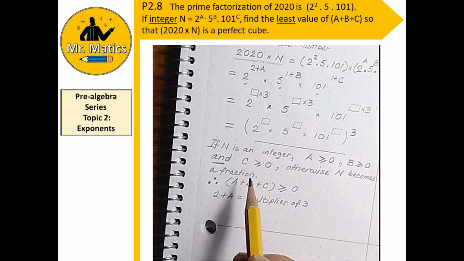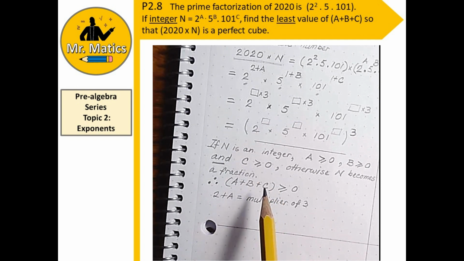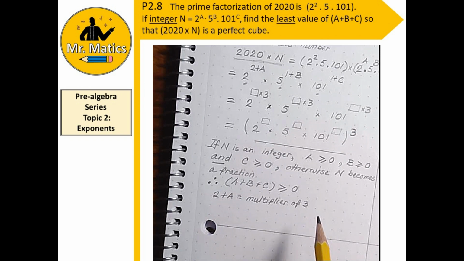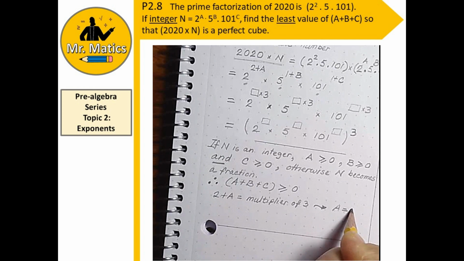But also remember that a plus b plus c has to be least. So in order that a plus b plus c is least, I need to have the smallest possible value of a such that 2 plus a is a multiple of 3. So this basically means a equals 1.